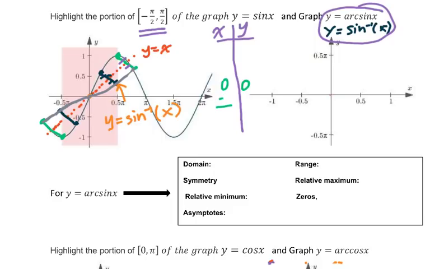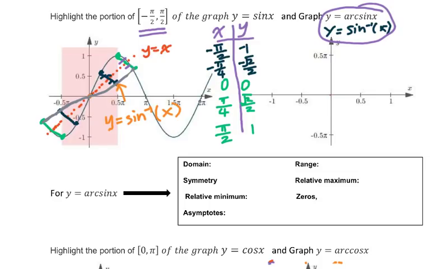For pi over 4, sin pi over 4, we get square root of 2 over 2. For pi over 2, we get 1. For negative pi over 4, we get negative square root of 2 over 2. Negative pi over 2, we get negative 1.